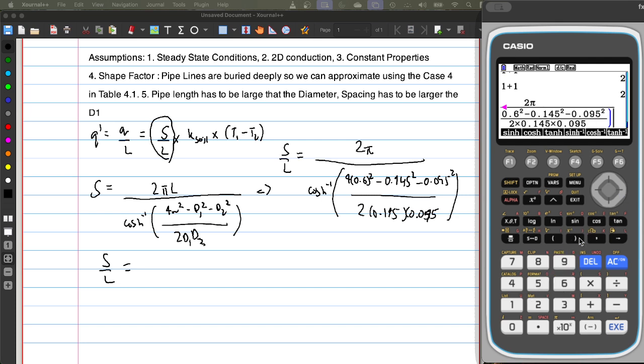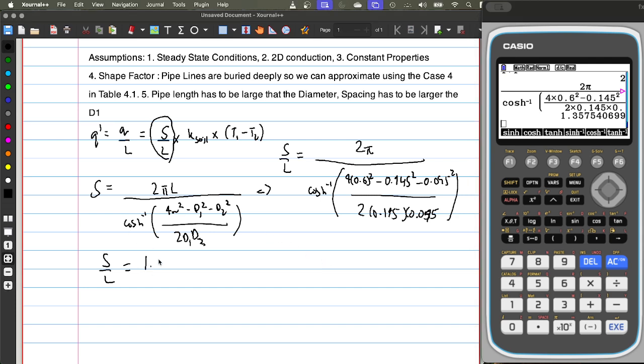All right, and we should get a value of around 1.357, and then it keeps on going. Okay, that's our S over L.